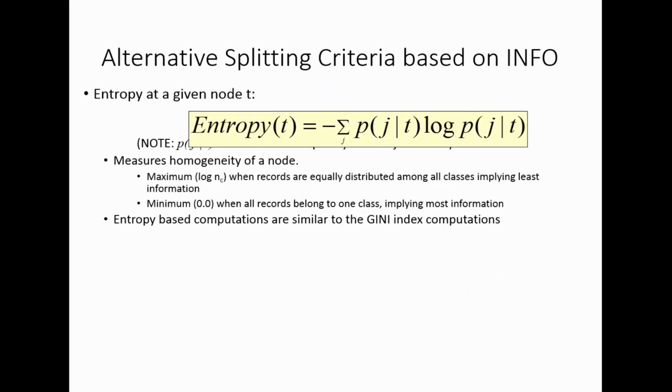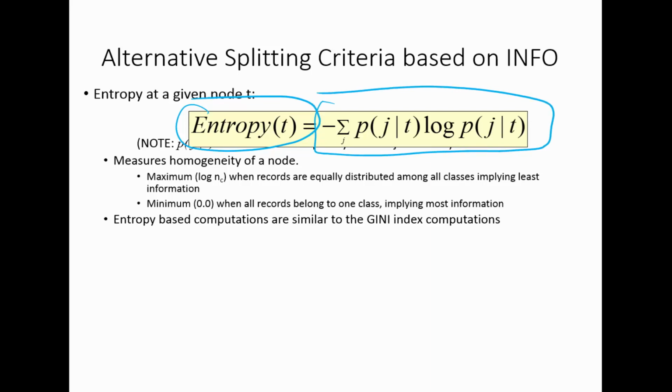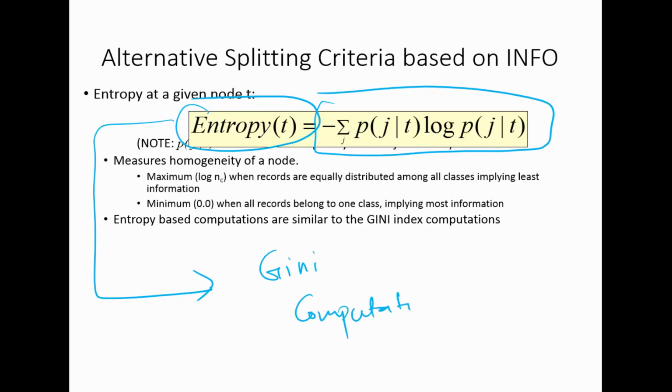Like Gini, you can also use what is known as entropy. The formula is just changed, but the computation is very similar, except the reason why we have another metric other than Gini is because we need to deal with computational efficiency.